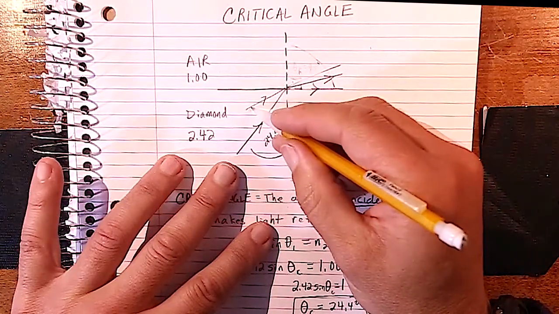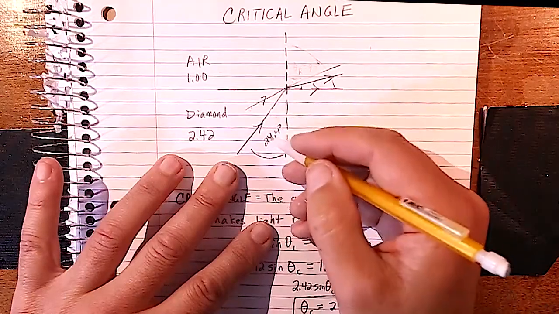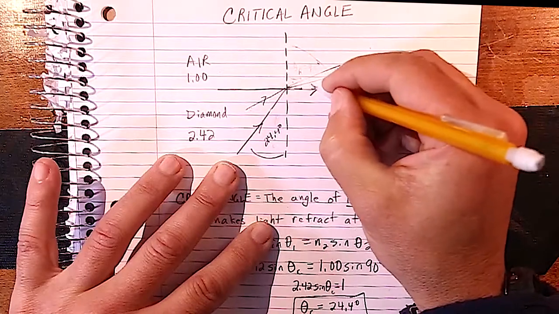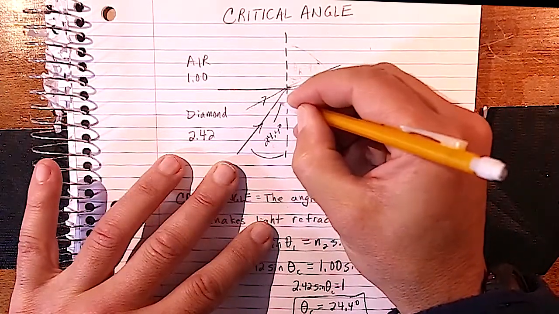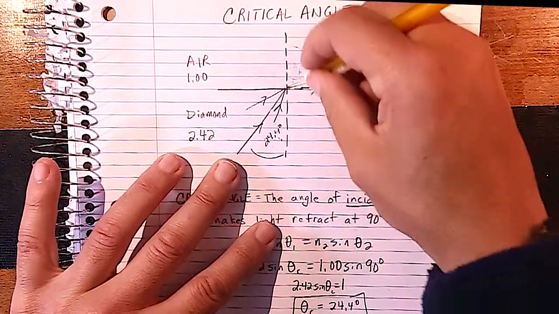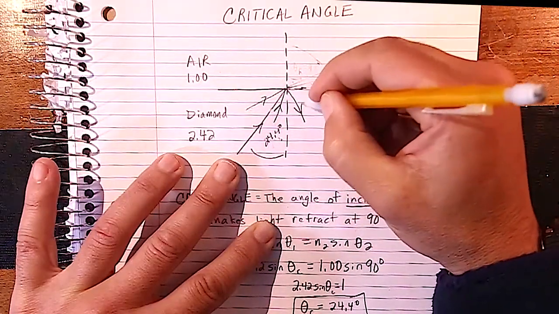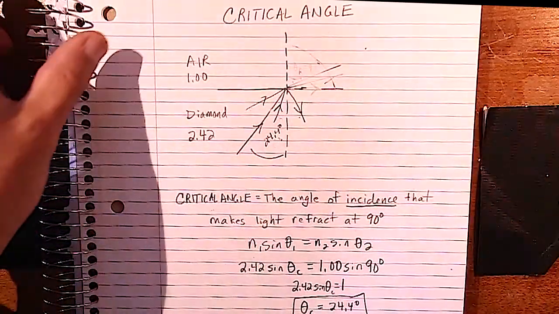But as this angle starts to get smaller, eventually we reach a point where the refracted angle is so large it becomes 90 degrees. But if our angle of incidence is less than the critical angle, then there won't be refraction at all. All we'll get is reflection, and that reflected angle is equal to that angle of incidence.